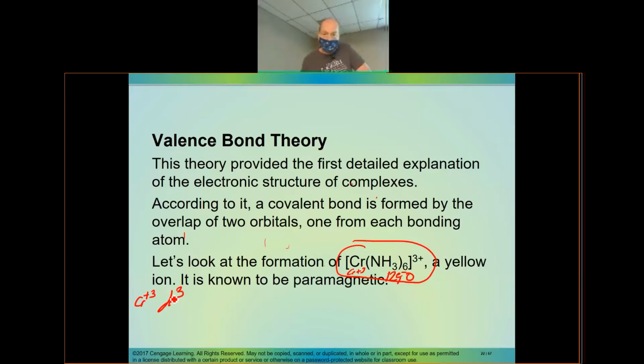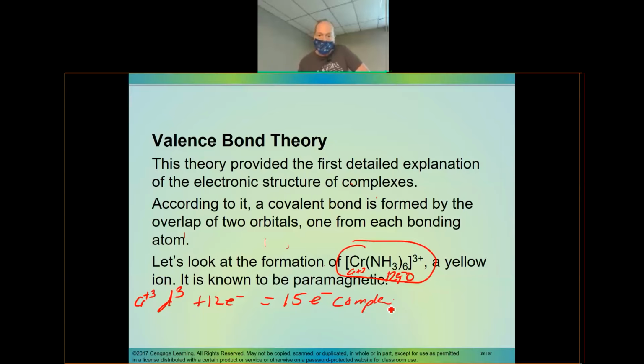The number above chromium is a 6, so when you have neutral chromium, it is D6. When you have chromium that's +3, then you have D3. Plus the 12 electrons will give us our 15 electron complex.